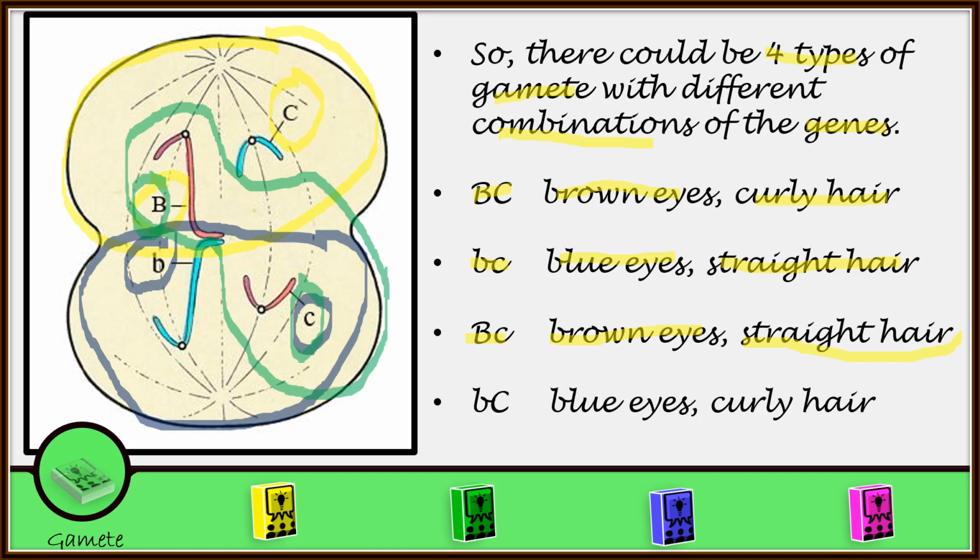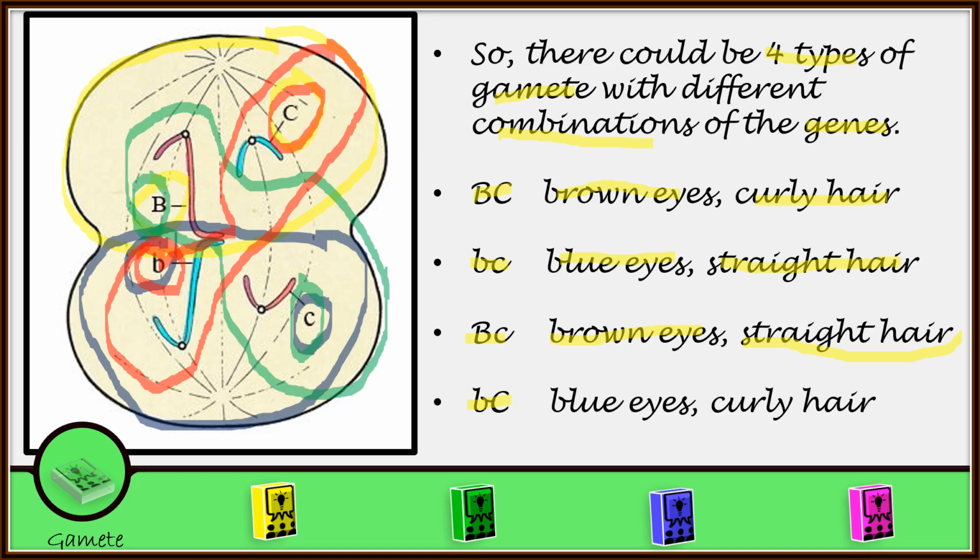Then we can have another possibility where we have smaller b and a capital C. So here we are likely to have a gamete which can take that gene, and it also takes this gene here. It can take those genes, meaning that it has a gene for smaller b, which is blue eyes, and it has a gene for capital C, which is curl hair.